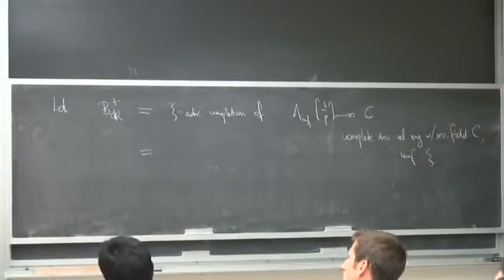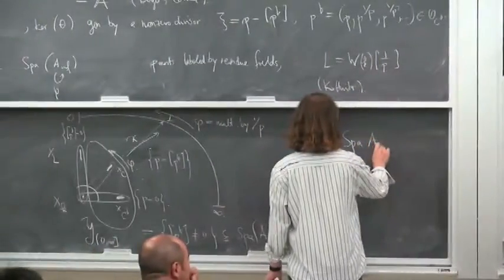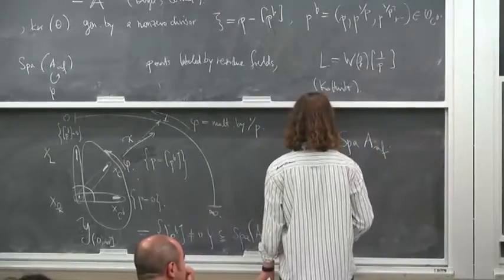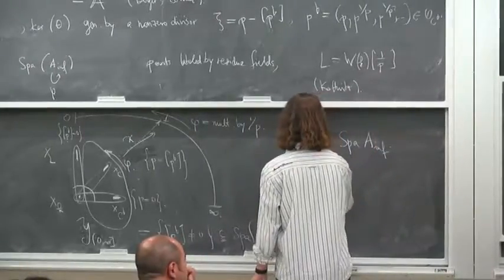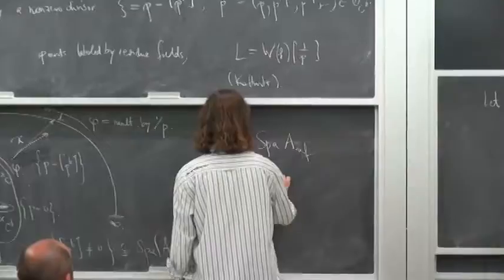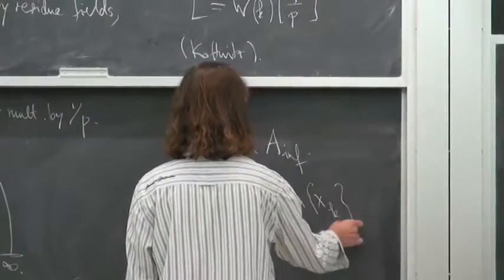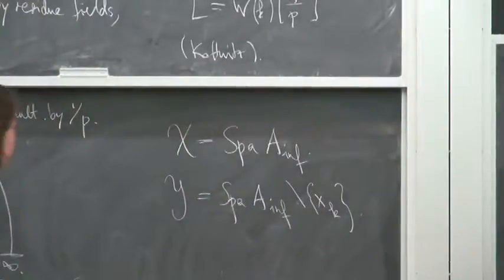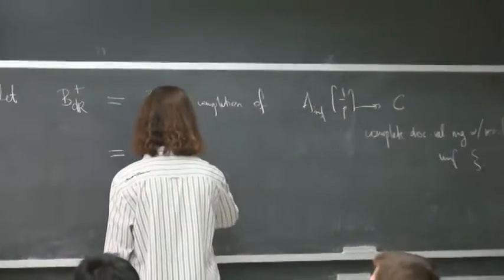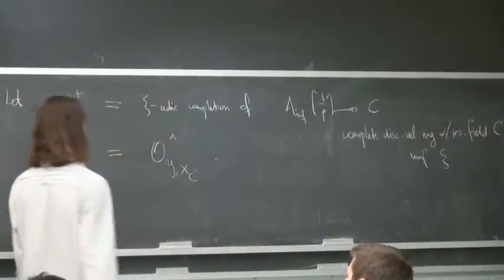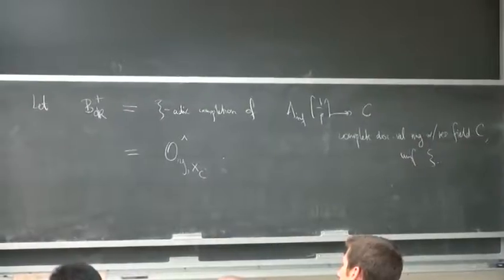And so, keeping the notation I used in an example earlier, let me call X the adic spectrum and Y the adic spectrum removing a closed point. And anyway, if you want, you can say it's the completed local ring of Y, or also X at this point x.